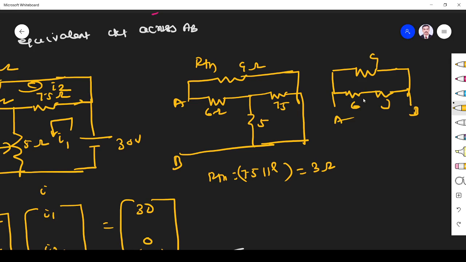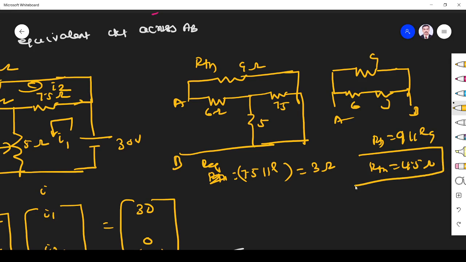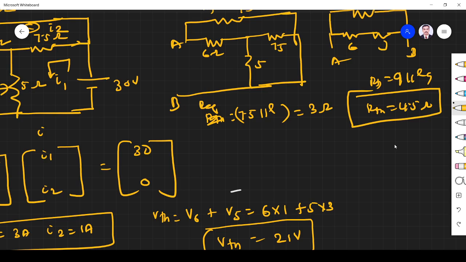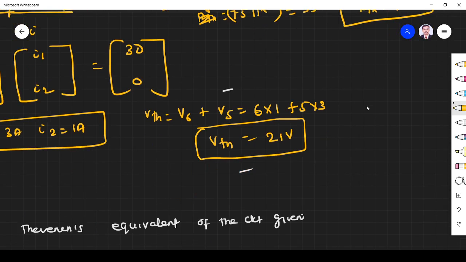So what happens? Now 9 and 9 are parallel. So RThevenin, say R equivalent, is 9 parallel 9, which is equal to 4.5 ohm, because when two equal resistances are in parallel, the equivalent resistance is half of one resistance. So VThevenin and RThevenin are found.